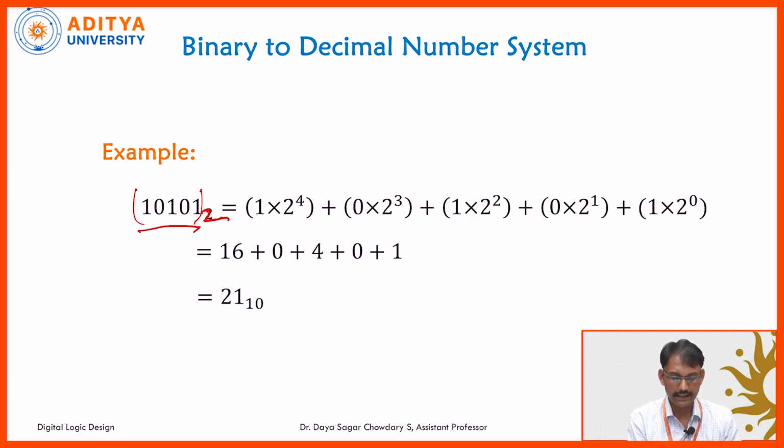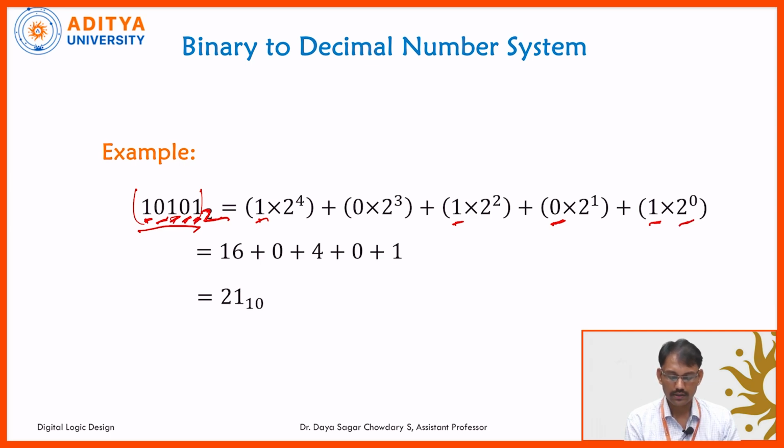Now we have to calculate: the first 1 into 2 to the power of 4, plus 0 into 2 to the power of 3, and 1 into 2 to the power of 2, and 0 into 2 to the power of 1, and 1 into 2 to the power of 0.